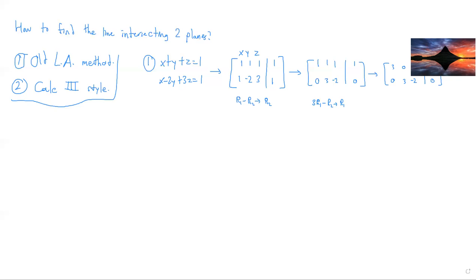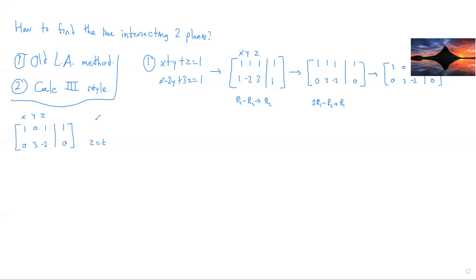Now, row 1 can be factored, so divide by 3. This leads to 1, 0, 1, 1 and 0, 3, negative 2, 0. Our free variable is z, so let's say z is equal to t.